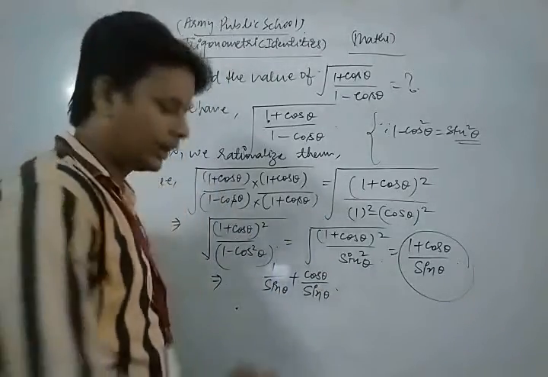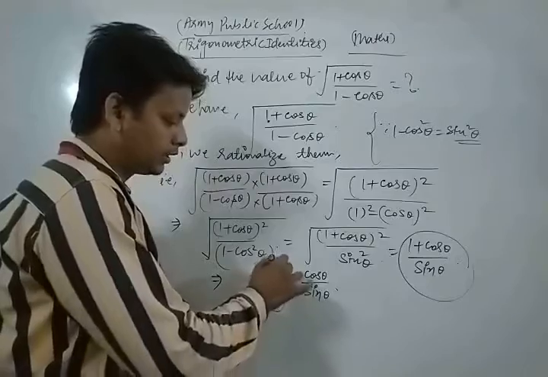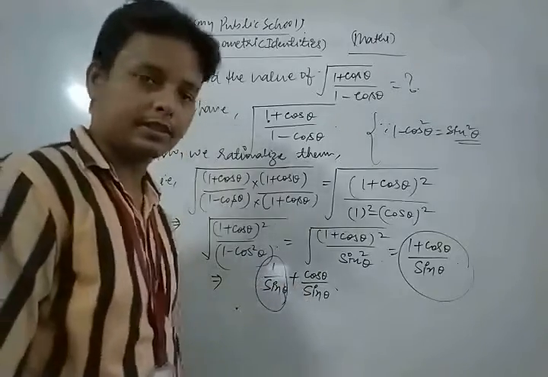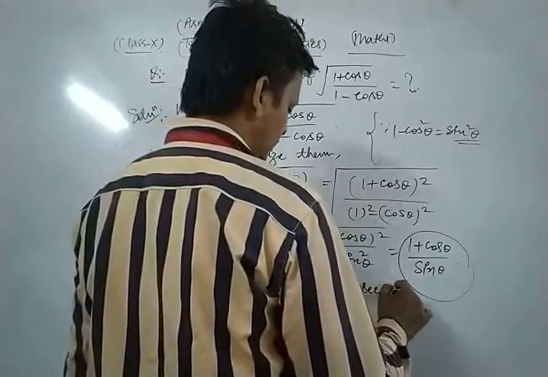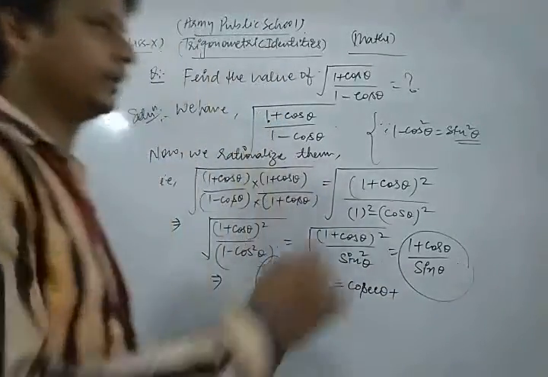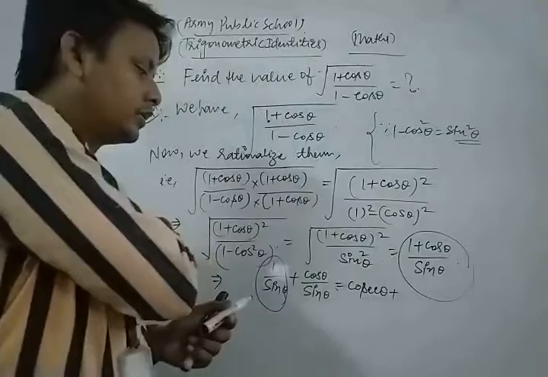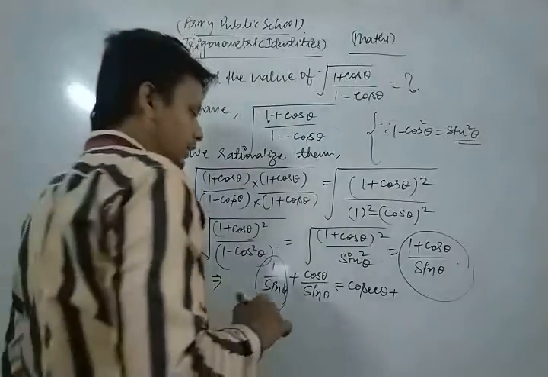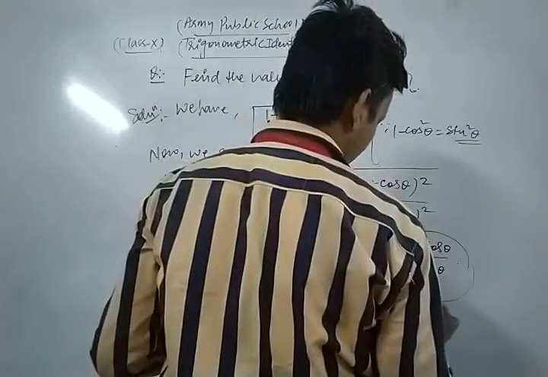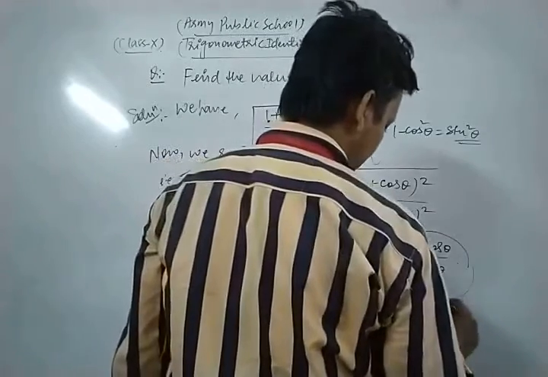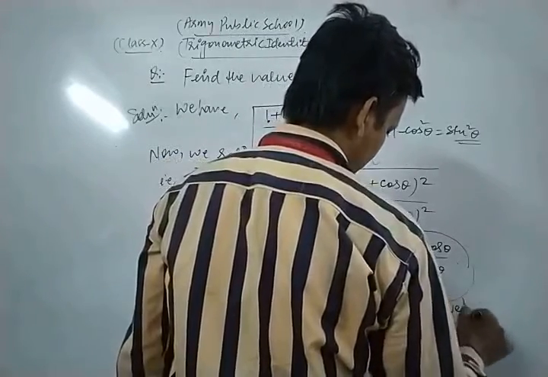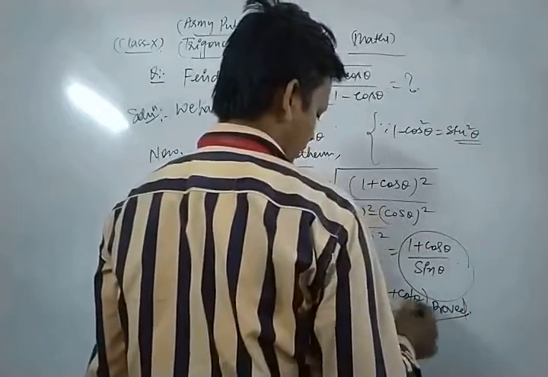The value of 1 upon sin theta is cosec theta, so we write cosec theta, plus the value of cos upon sin, which is cot theta.